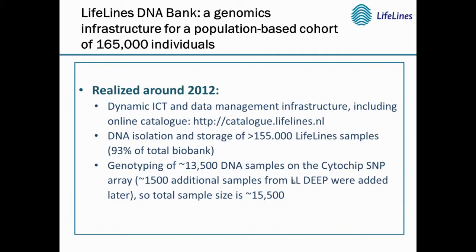DNA was isolated and stored of most of the Lifelines participants, about 93% of the total biobank. And genotyping at that stage of about 13,000 DNA samples on the CytoSNP array was done, and later an additional 1,500 samples from the Lifelines Deep cohort, as a sub-cohort, were added.